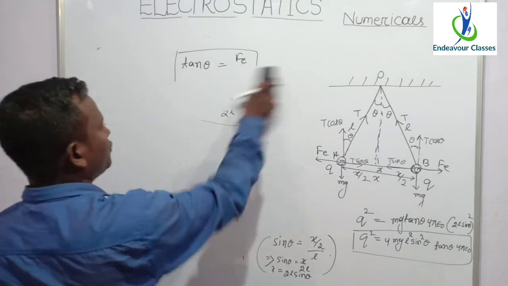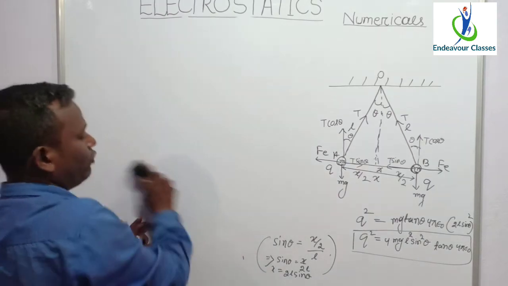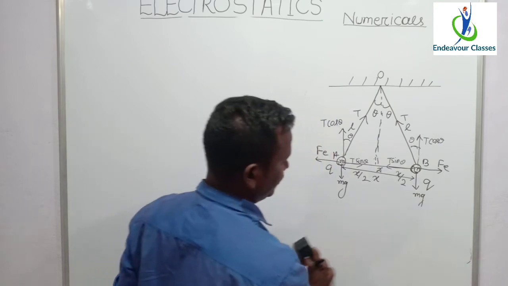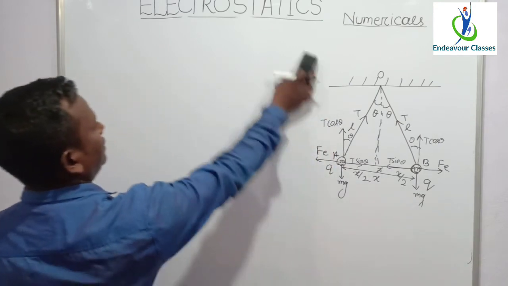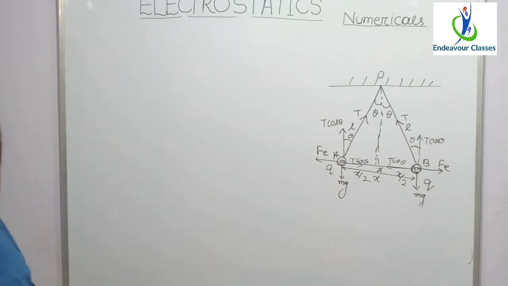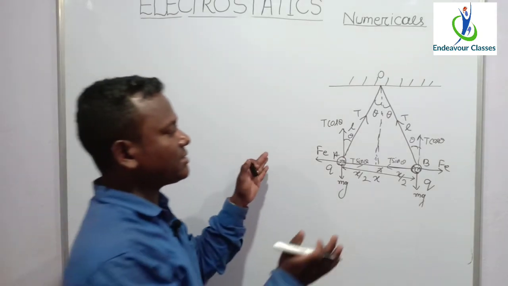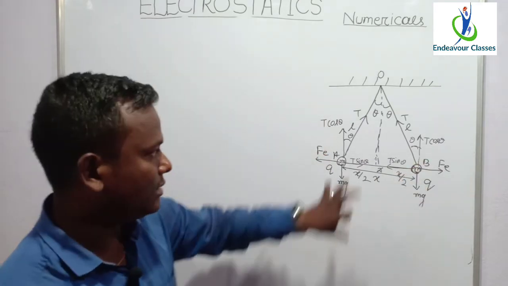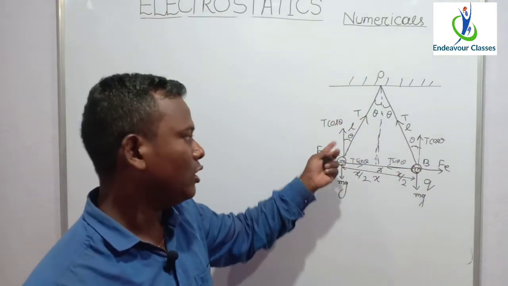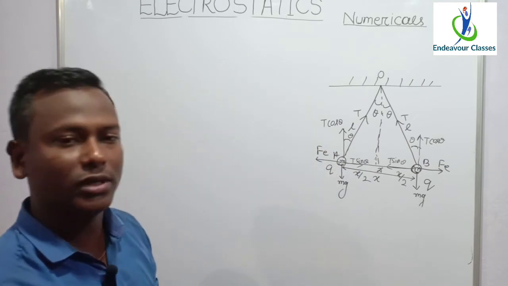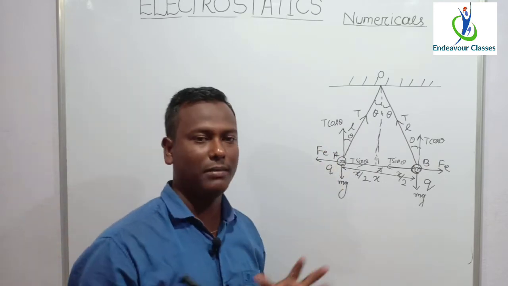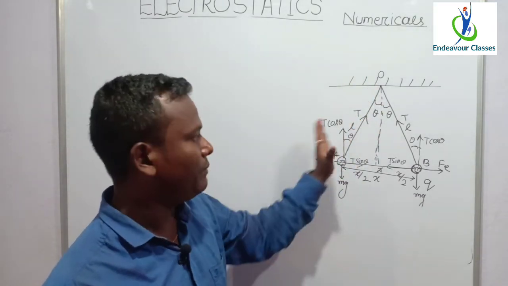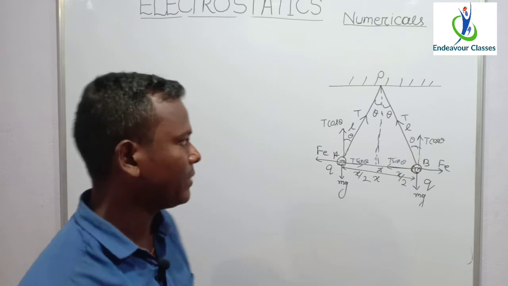Now moving to the next problem, which is a bit difficult one and very frequently asked in various medical entrances: suppose this exact system of charges is dipped in water. This is the same condition, that means two charges each of magnitude q having equal masses, hanging from a rigid support from the same point by means of two non-conducting strings.